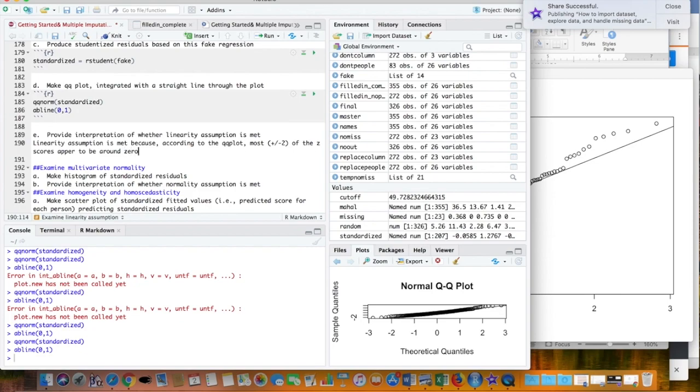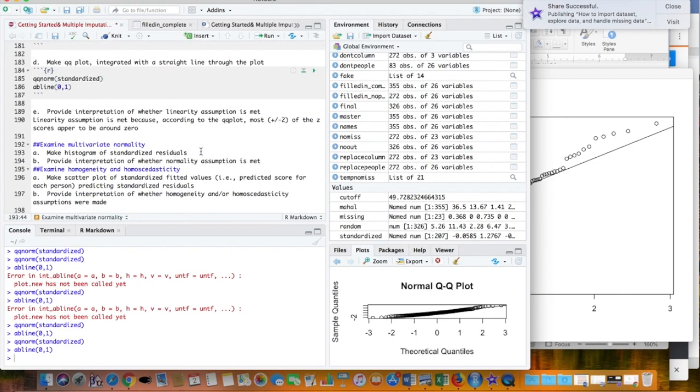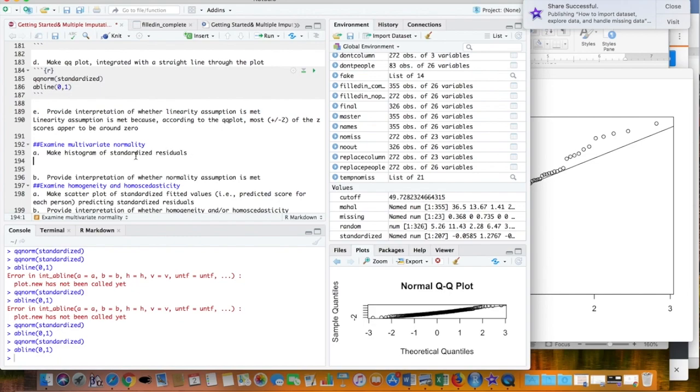Well, they seem to have a similar distance across all values. Okay, next, let's take a look at multivariate normality.